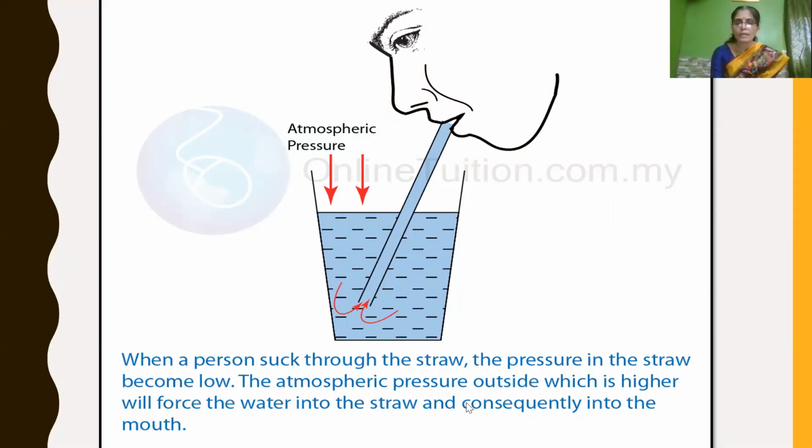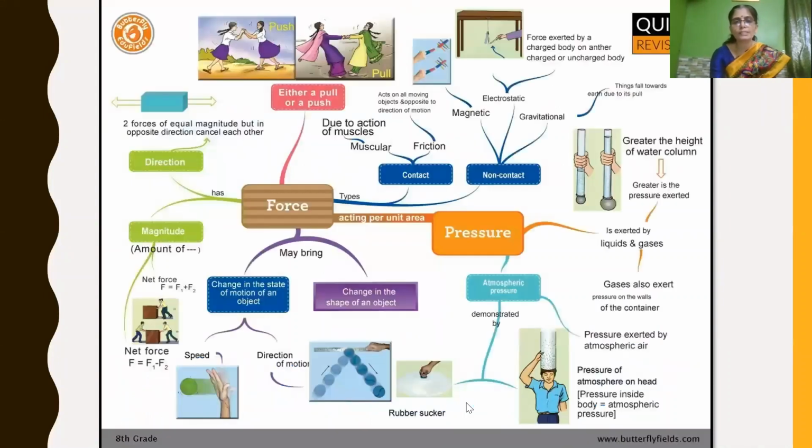So if you suck the air inside the straw, there will be no pressure inside the straw, but there will be more pressure outside the straw. This greater pressure pushes the liquid into the straw. Air always moves from high pressure to low pressure. So the liquid gets inside the straw, which helps in drinking fluids.